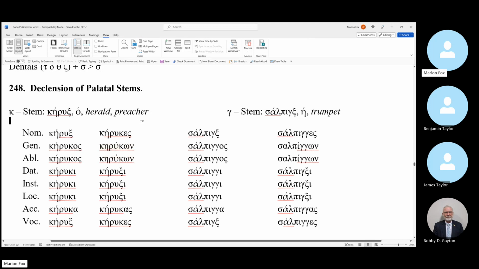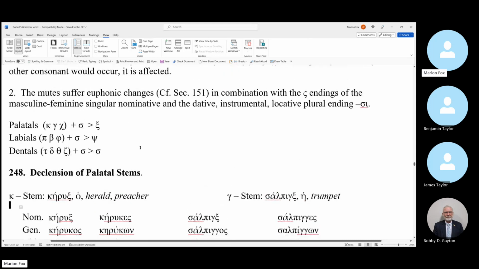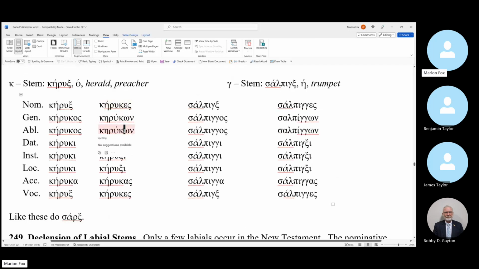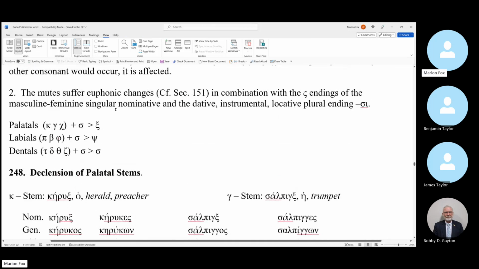And then we have, now then, this kappa becomes a C ending, and here's your ending. That's the dative plural. So when we do that, it's kappa plus a sigma iota, and then this rule up here comes into play.